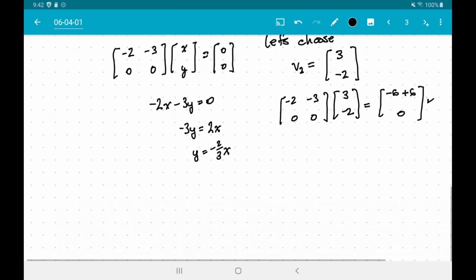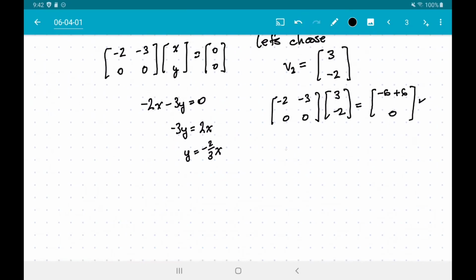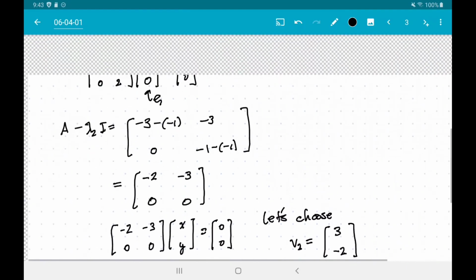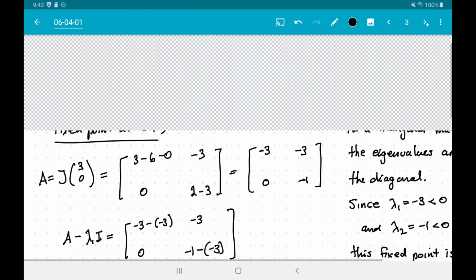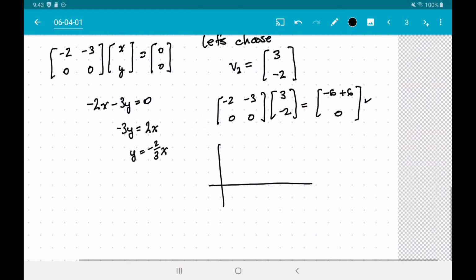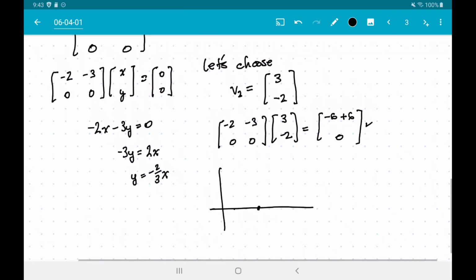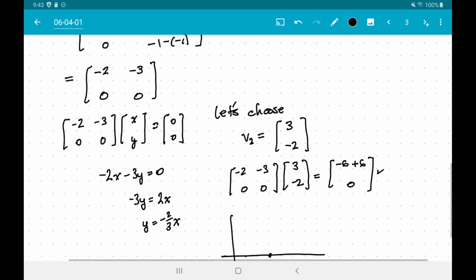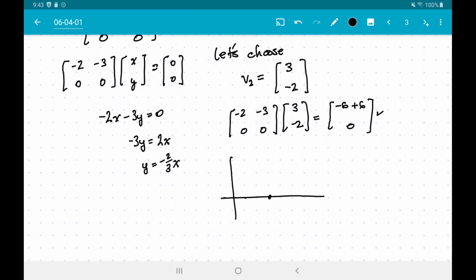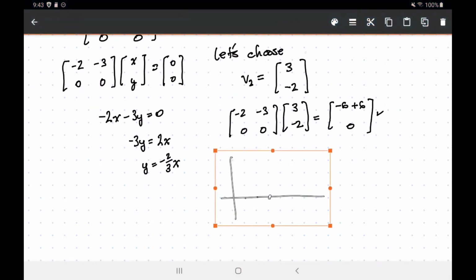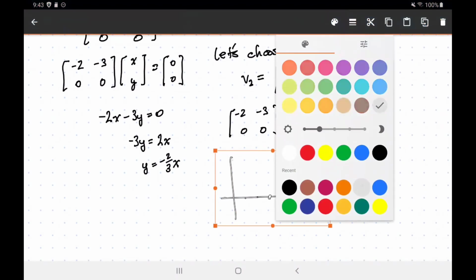Okay, so what that means is that the fixed point at, what was this? This was at 3, 0, right? Yes. So the fixed point at 3, 0, so 0, 1, 2, 3, 0. There's an eigenvector. Let me turn this gray to make the rest of this easier to see.